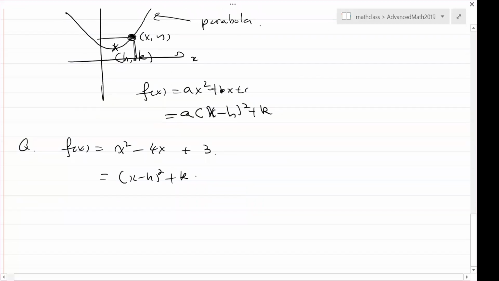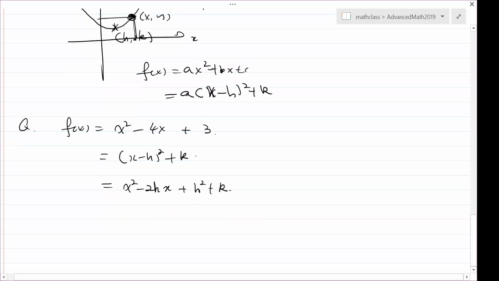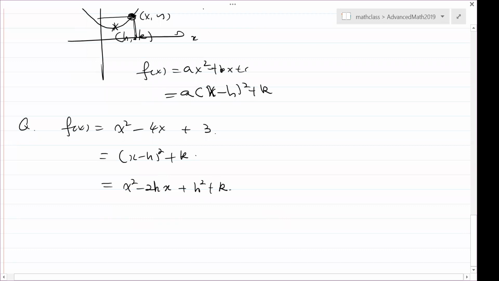Okay, so think about that. If we can express it in this form, that means the middle coefficient is 2h, right? So from this formula, you want to compare the coefficients. You find out h clearly is going to be 2, right? 2 times 2 gets 4x. Then h squared plus k equals 3.